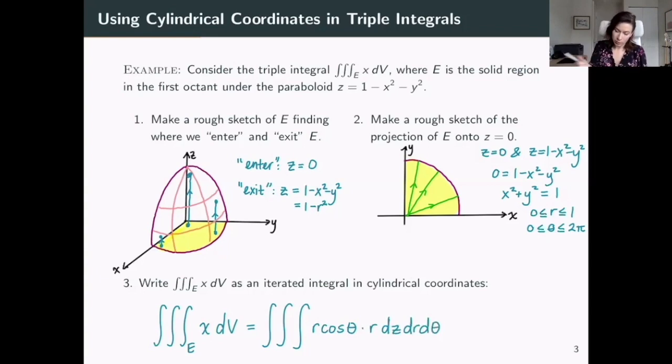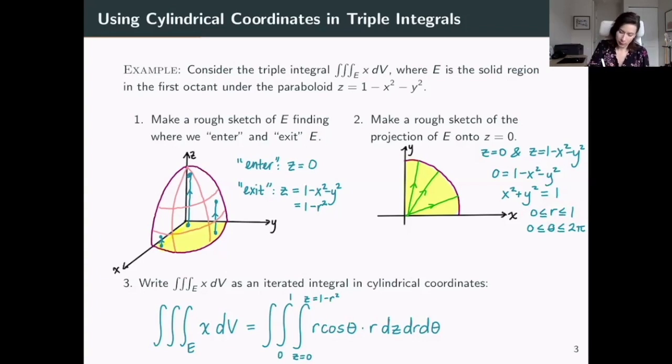So in total, we'll have our entering and exiting for z. Here we know that we're going to enter when z is equal to 0, and we're going to exit when z is equal to 1 minus r squared. Our values for r are going to be ranging between 0 and 1, so we'll have 0 and 1 for our limits of integration here.